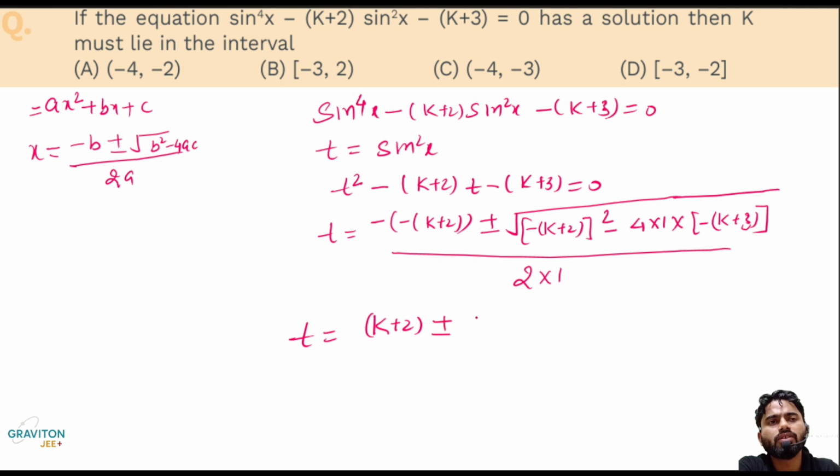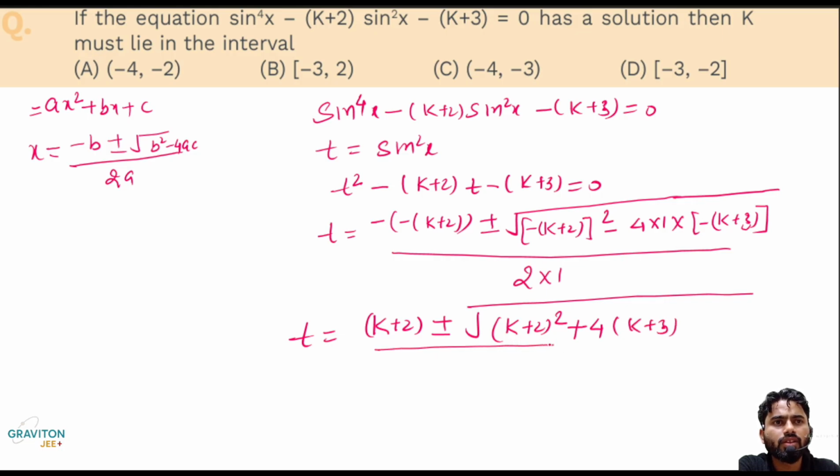Solve this. t equal to k plus 2 plus minus root; this will become (k plus 2) whole square, and minus 4 into this, which will become plus 4 into (k plus 3), upon 2.